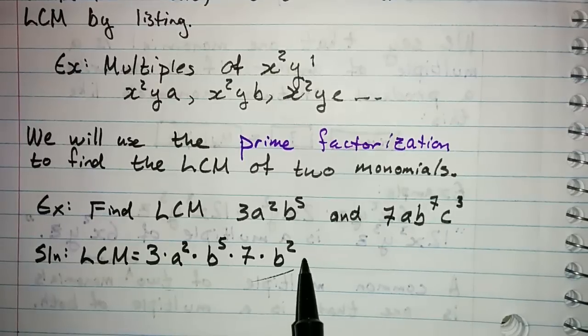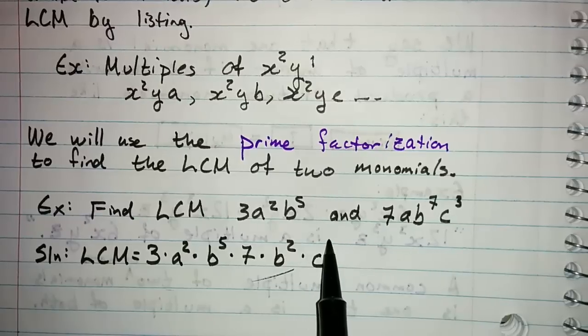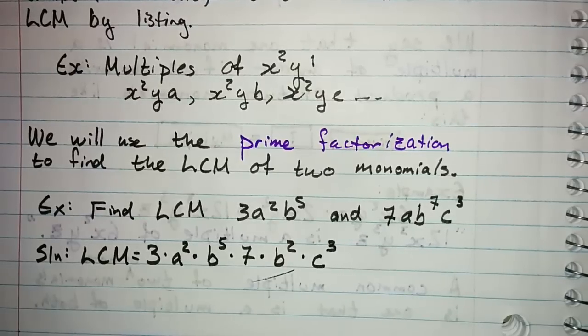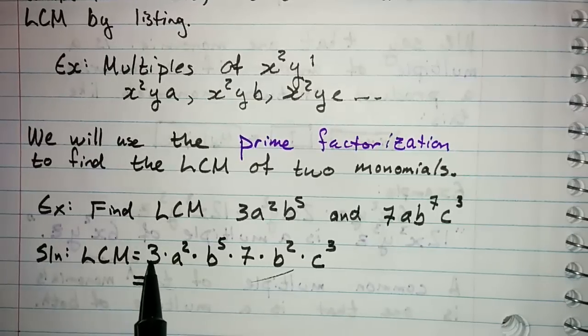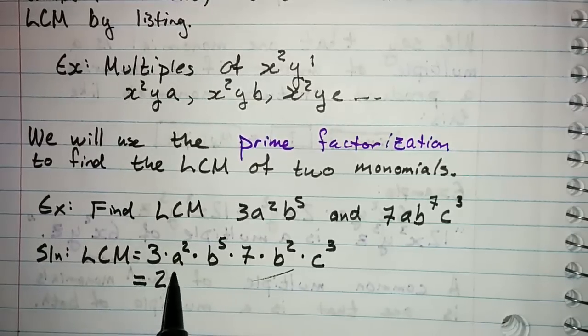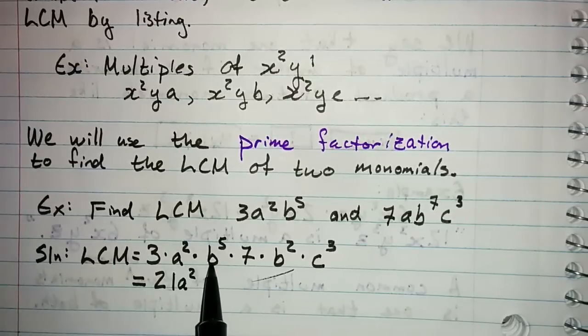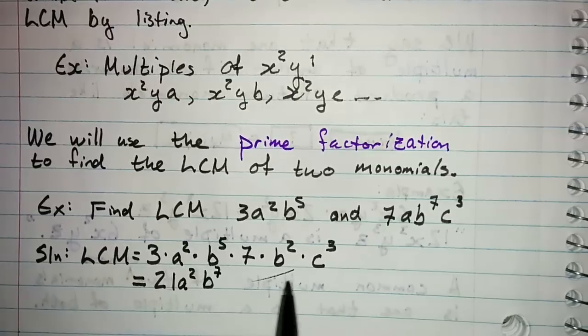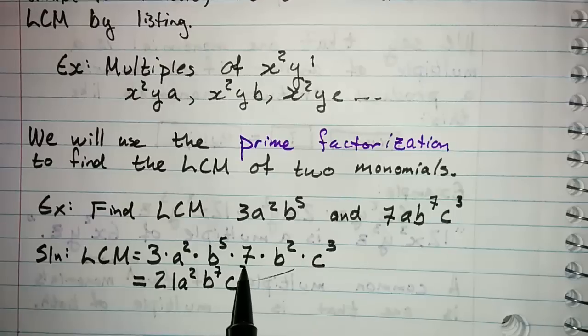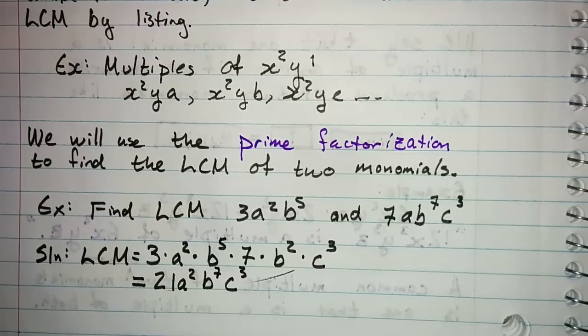It doesn't have any c's at all, so it needs 3 more. What do we get when we multiply this? Well, we'll have 3 times 7 is 21, a squared, b to the 5th times b squared is b to the 7th, c cubed.